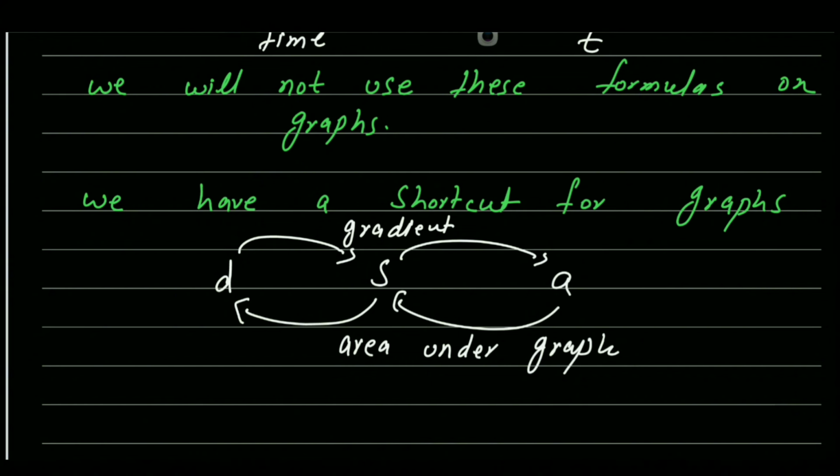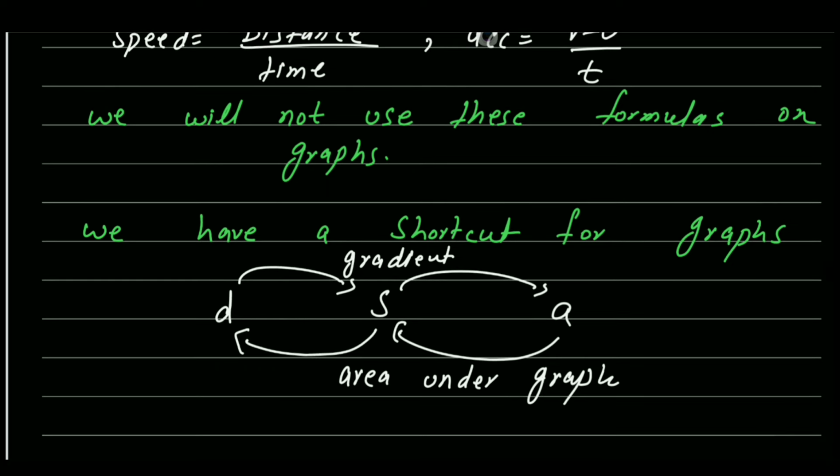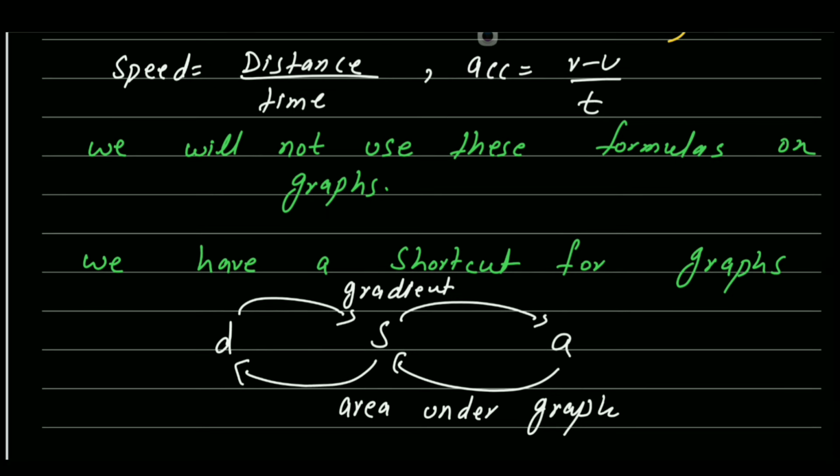How we implement this will be clear when we solve past paper questions. So just remember that we will not use the formulas on the graphs. We will actually use DSA. DSA is a shortcut for graphs.